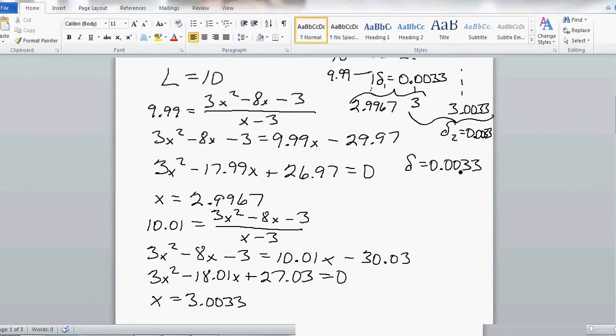So far it hasn't changed, except now, how have we proven it? Well, yes, we have determined a delta such that all of that other business that is given in the definition is true. We have a delta with the value of 0.0033, and so we have actually proven that that limit statement is correct.